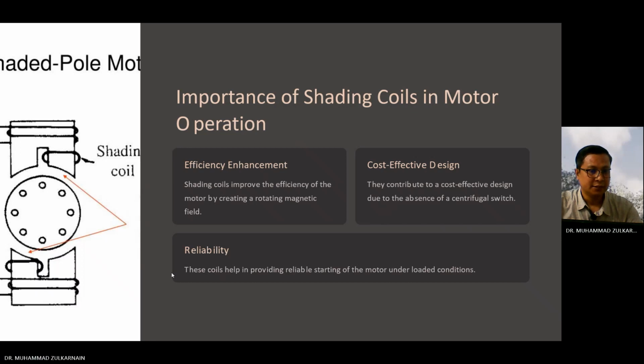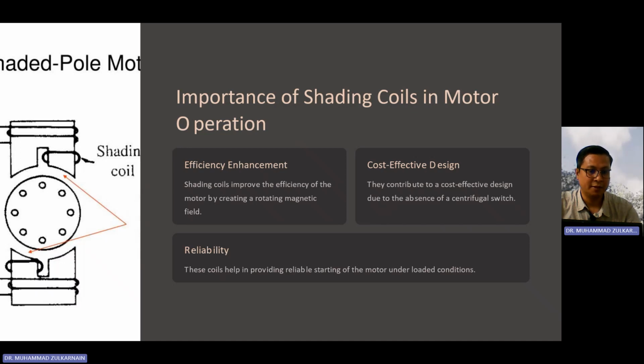Yeah. So importance of shading coil in motor operation is efficiency enhancement. Shading coil improves the efficiency of the motor by creating a rotating magnetic field. And cost-effective design, they contribute to cost-effective design due to the absence of centrifugal switch.